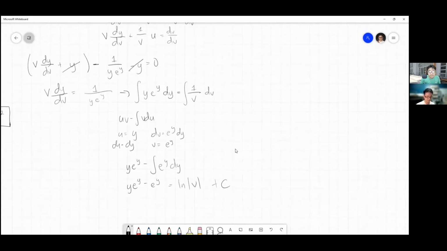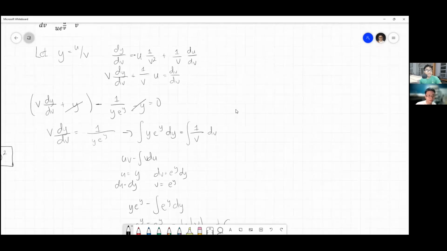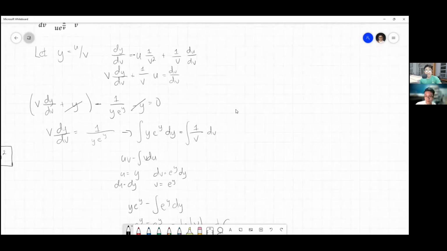So final solution natin, y e to the y minus e to the y becomes u over v e to the u over v minus e to the u over v equals ln absolute value of v plus c. Wala naman siyang given na initial condition. So, yeah, pwede na yan.